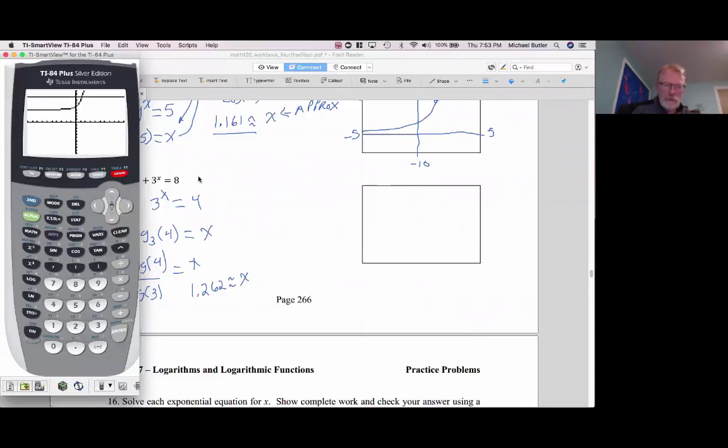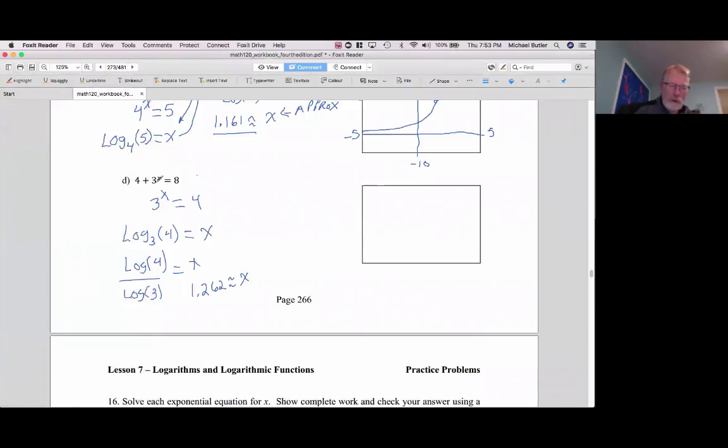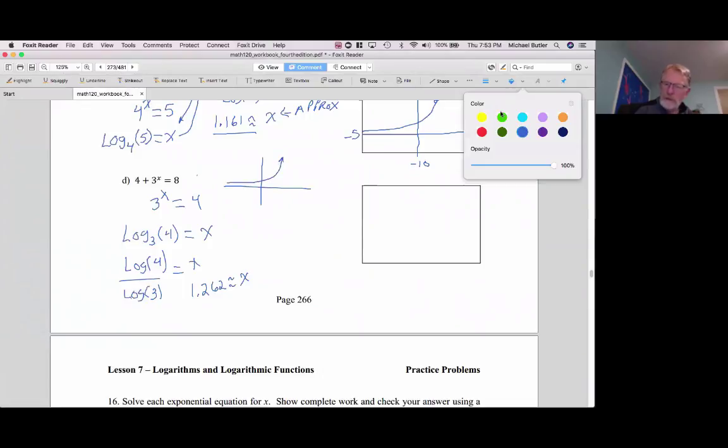Cool. Because notice what happened here is this 4 shifted our horizontal asymptote up to 4. In other words, the stock graph, if I was just to look at y equals 3 to the x, would look something like this. And from the last chapter, we know that the x-axis here is playing the starring role of a horizontal asymptote.